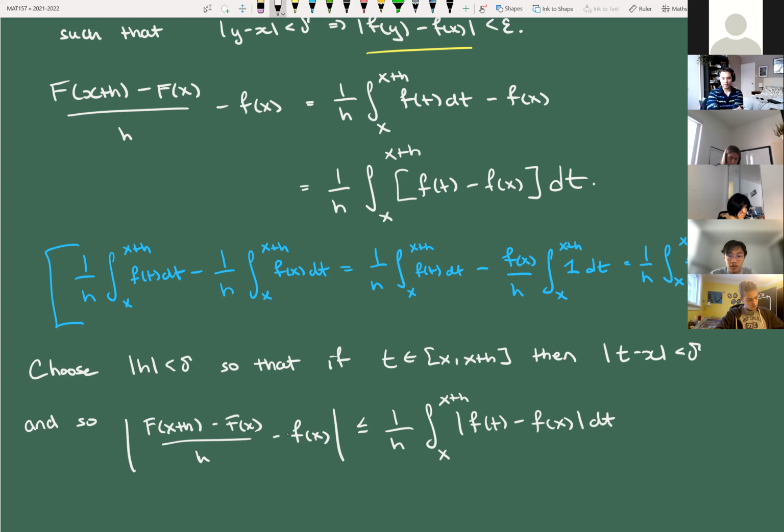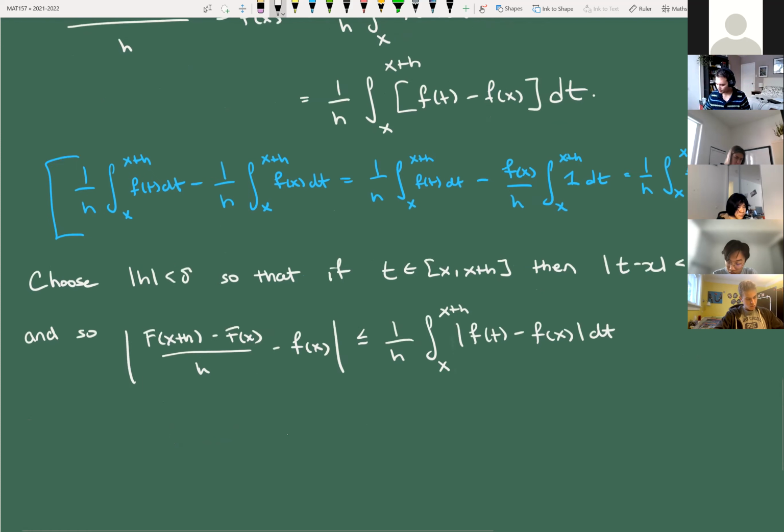Okay, so I put the less than sign here, but I did that because I took the absolute value inside the integral, right? So one of the properties of the integral we have is that the absolute value of the integral is less than or equal to the integral of the absolute value. So I've just directly applied that. I did skip that intermediate step here. Again, somebody yell out if that bothers you.